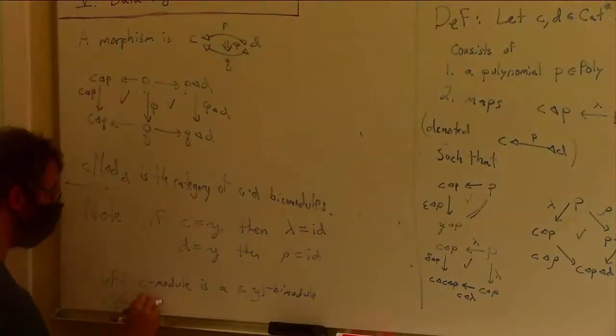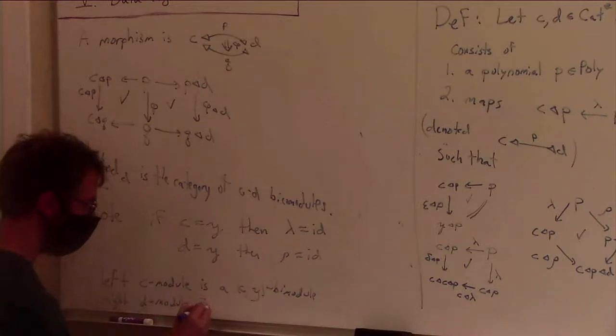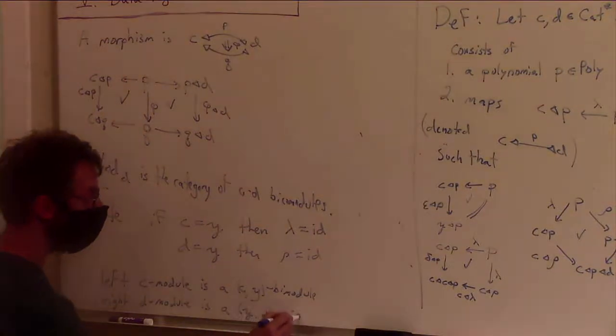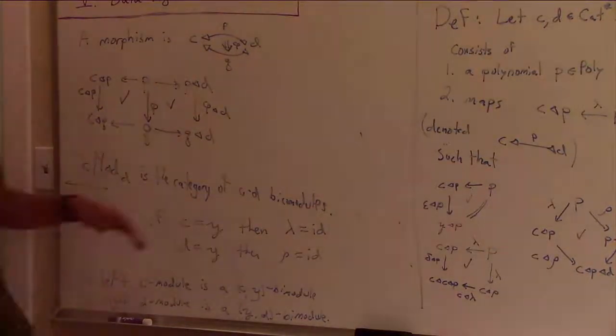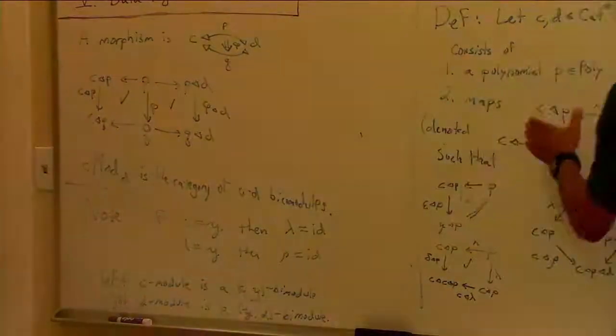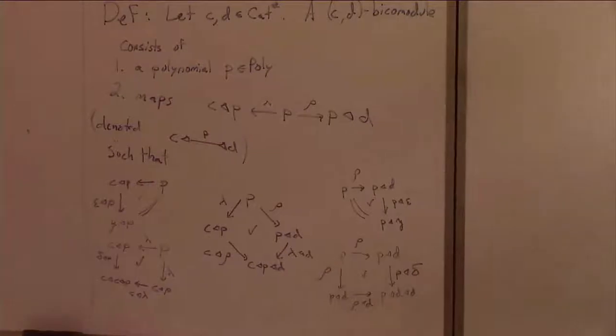There's another word D module in math, but this has absolutely nothing to do with that. And I just noticed I said bimodule instead of bicomodule. That might happen sometimes. Sorry about that. So in other words, if you just wanted to talk about a left or a right module or comodule, you would just basically set the other one to y, and the definition would go through. But all it really would mean is not having to check any of this stuff.